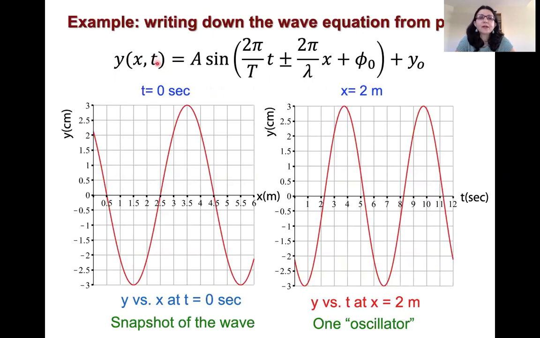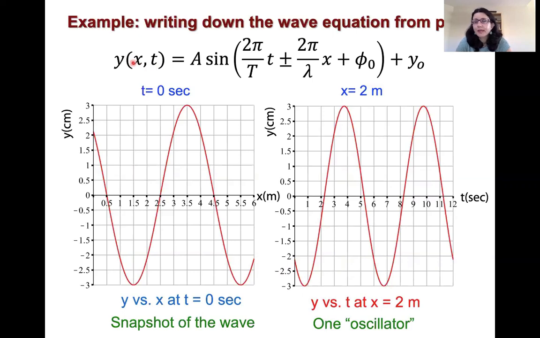So you can think about it this way: we can look at every position in space and think about how that position changes as a function of time. In order to make any kind of plot, you have to either fix the position and think about how that position changes as a function of time, or fix the time, so take some instant in time and see where all the positions in our medium are relative to the equilibrium.